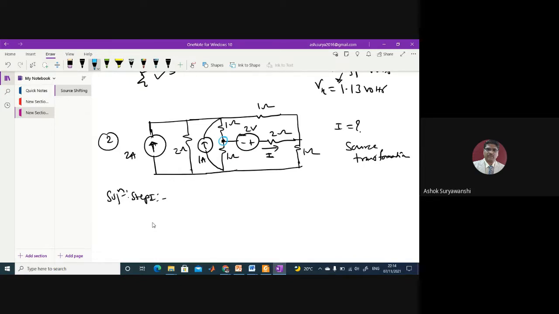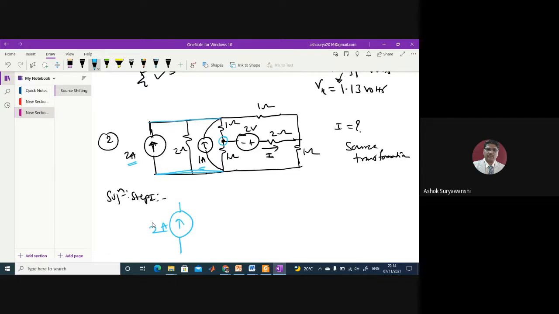First of all, you can see this 2 ampere source and this 1 ampere source are in parallel. All these points are at equipotential, right?